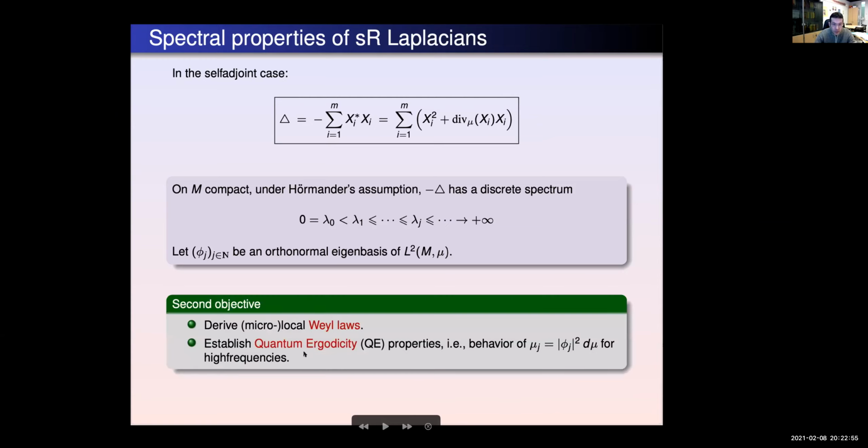In turn, we will establish also quantum ergodicity properties, that is, describe the behavior of the probability measures phi j squared d mu for high frequencies, that is when lambda j goes to infinity.